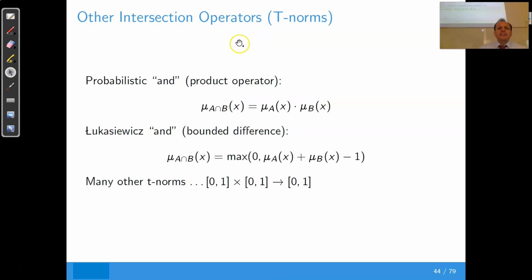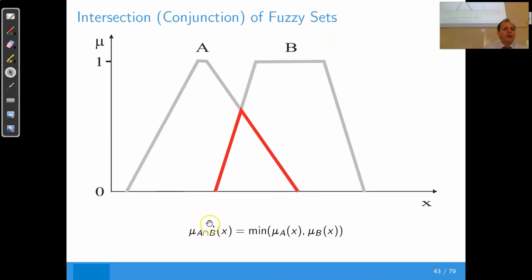There are other intersection operators. They are called, as a technical term, T-norms. T stands for triangular norms. Another, as I already mentioned and highlighted, is the minimum.